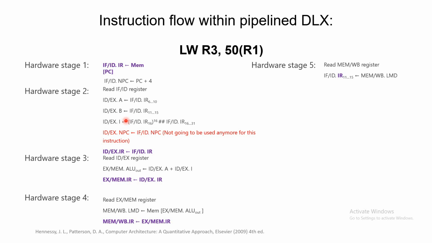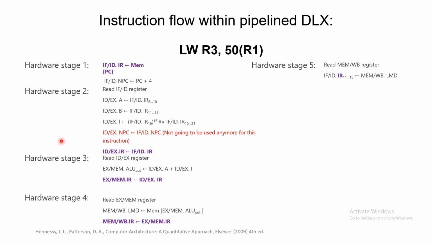This is what happens during the decoding part, and register A, register B, or the immediate value will be stored in the latches available between ID and the execution unit.